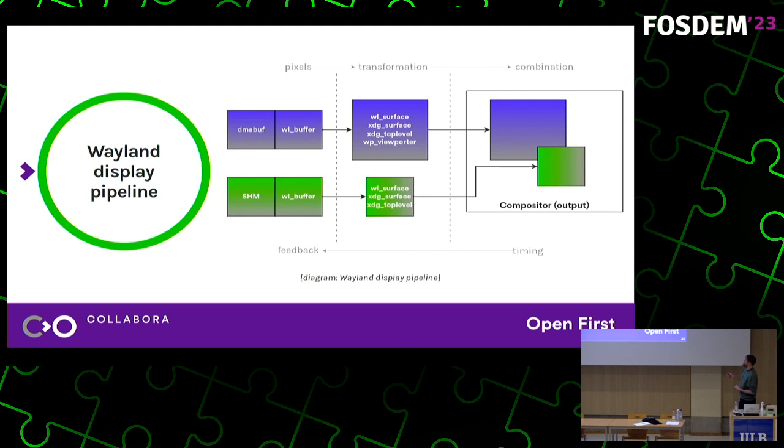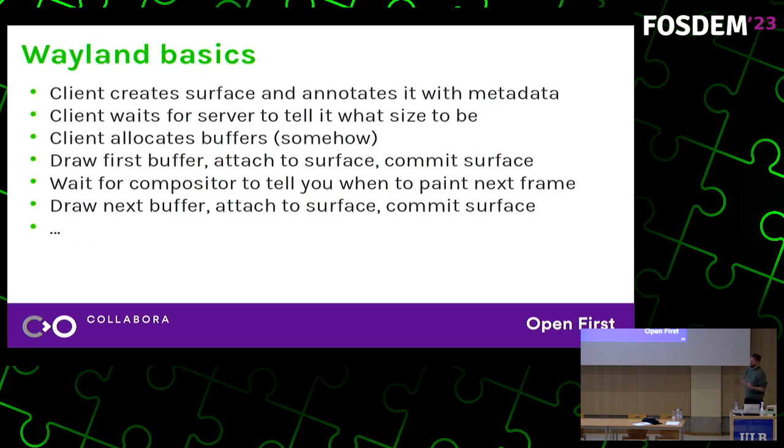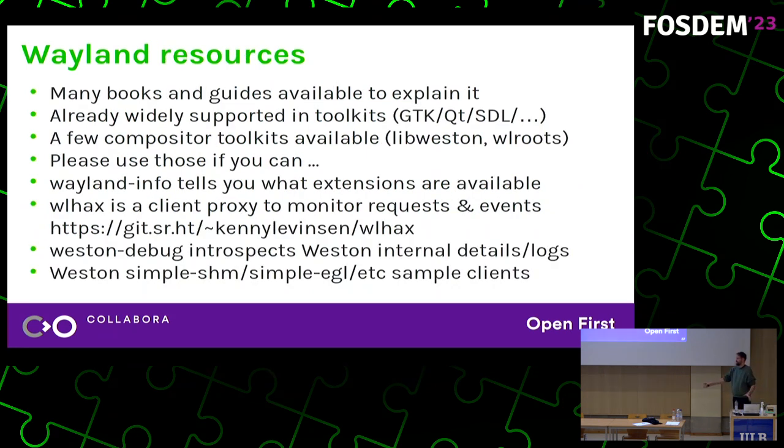And the compositor is the ultimate source of the timing, and it flows that timing back to the clients as feedback. If you take that, it looks exactly the same as the KMS diagram we had earlier, which is not really any coincidence. And using it is exactly the same flow as KMS. This slide was almost copy and paste. And again, I'm not trying to give you a complete guide to how to write every Wayland client in the world.